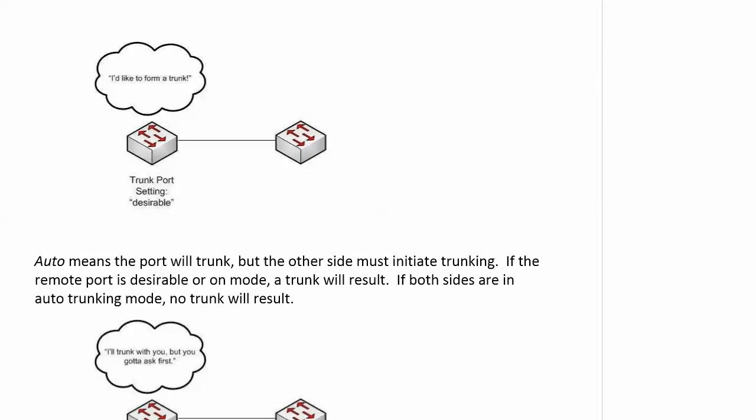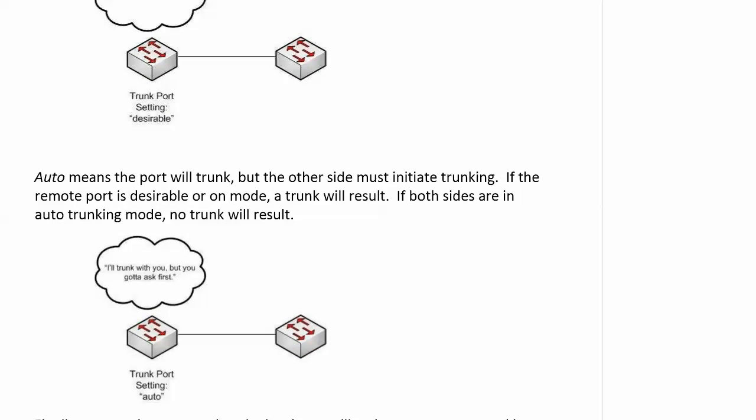Now auto is kind of a wallflower, because auto means the port will trunk, but the other side's got to initiate it. If the remote port is in desirable or on mode, a trunk will result. If both sides are in auto trunking mode, you don't get a trunk. So with switches where we had dynamic desirable as the default, and you plugged in your crossover cable, bang, you had a trunk a few seconds later because both ports on the trunk were attempting to trunk.